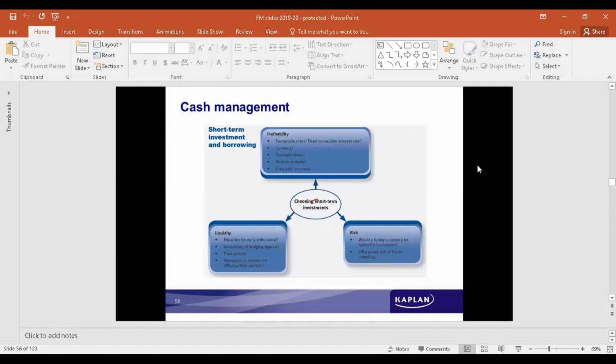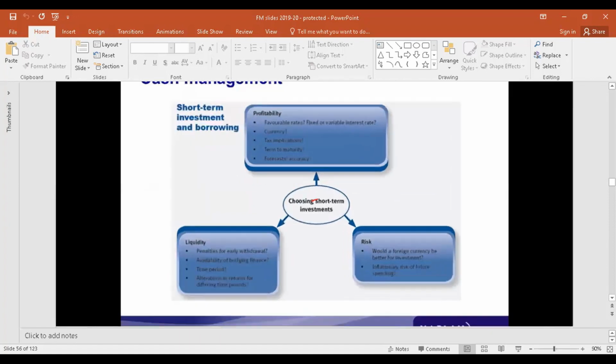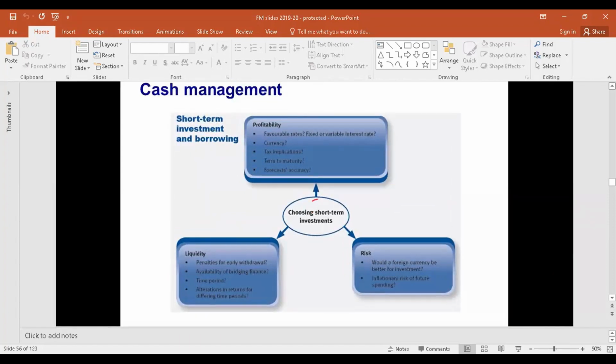With reference to cash management, we see that there are three aspects: choosing short-term investments. If the amount is invested into short-term investment opportunities, because they are investing, some profitability should be there, profit should be earned.